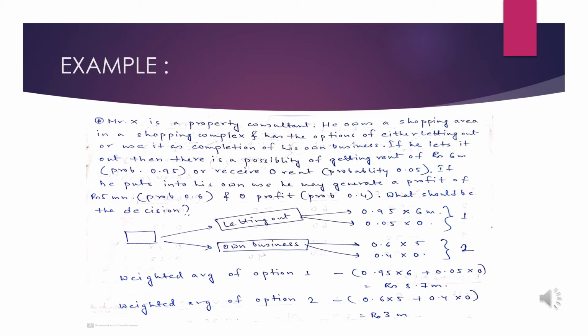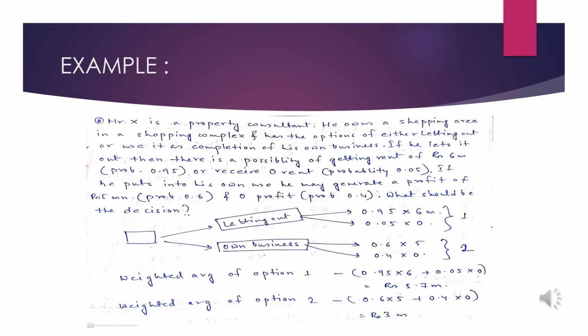Whereas the expected value of option 2, continuing his own business, is 0.6 into 5 million plus 0.4 into 0, which gives around 3 million.